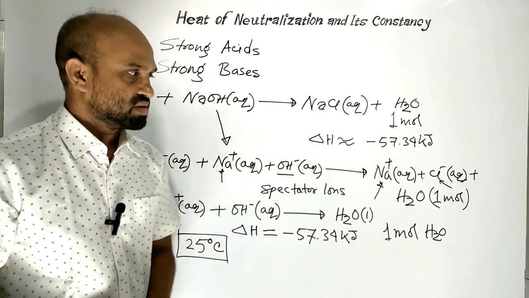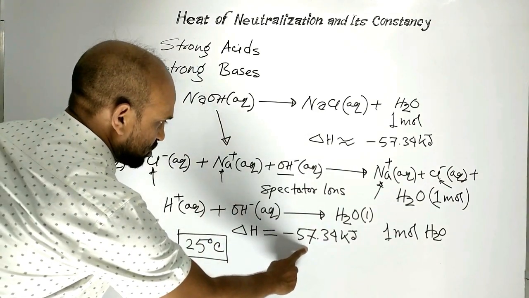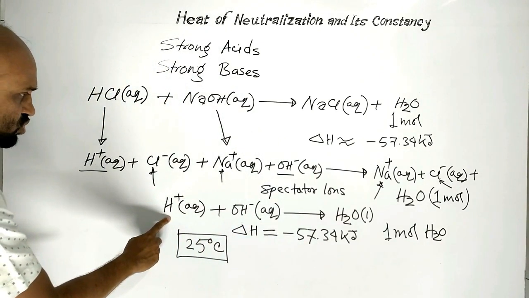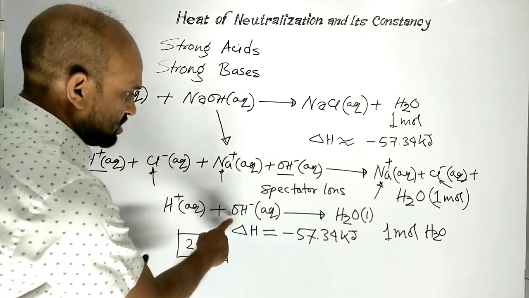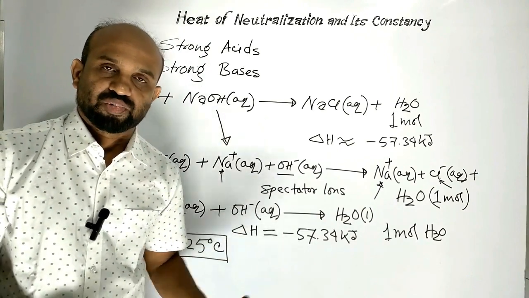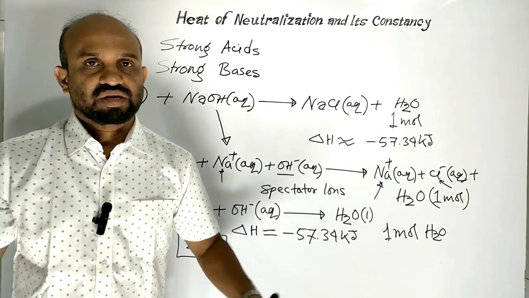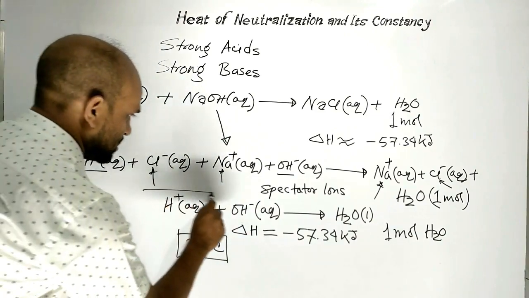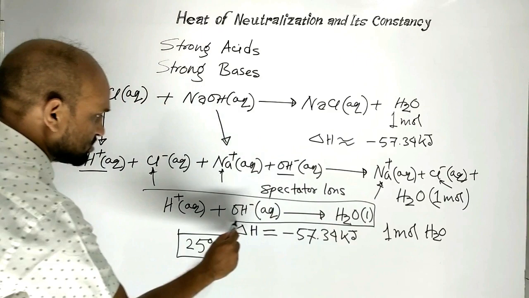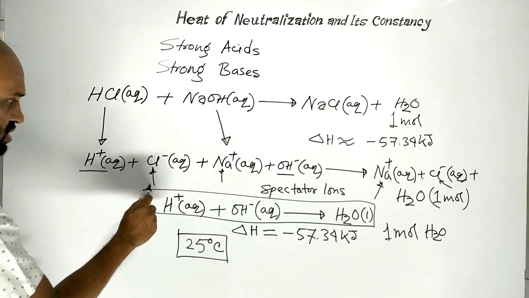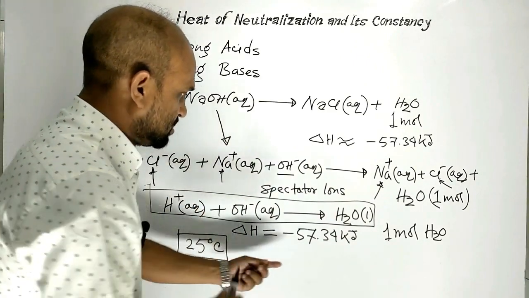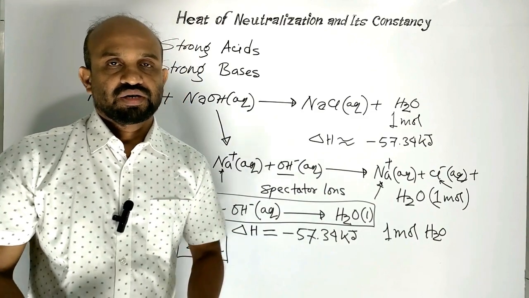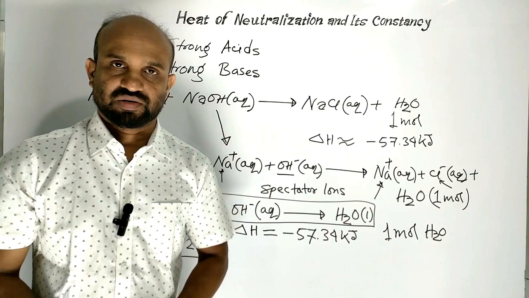And what is the source of heat of neutralization? The reaction of proton and hydroxide ion. The combination reaction of proton and hydroxide ion is the source of heat of neutralization. Only this reaction occurs, and because of this reaction, this amount of heat is produced; it is an exothermic reaction.